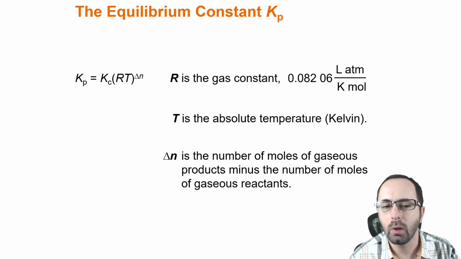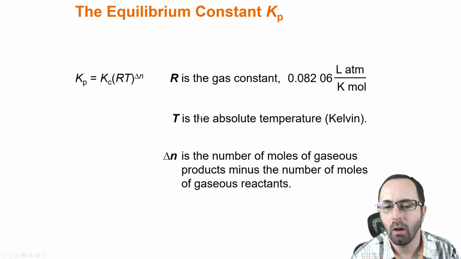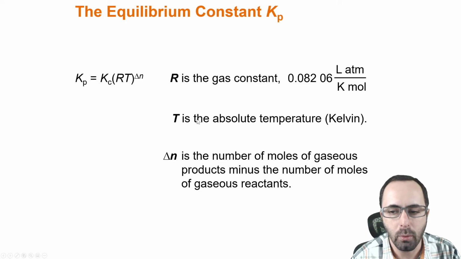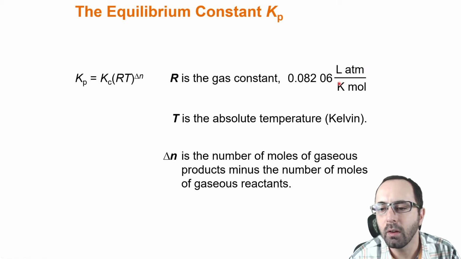Now there is a relationship between the Kp and the Kc. They are linked by the ideal gas law. You may remember this R. Earlier in the class we used R with different units, joule units: 8.314 joules per mole Kelvin. This is the R with the units liters, atmospheres, moles, Kelvin.